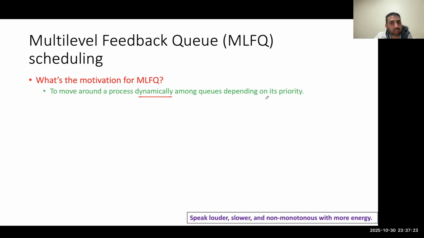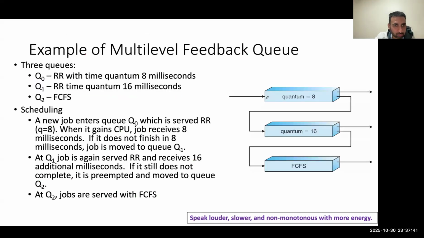What situation, I will explain. But the point here is that, as compared to multi-level queue scheduling, multi-level feedback queue scheduling allows a task or a process to move among queues by changing its priority dynamically.